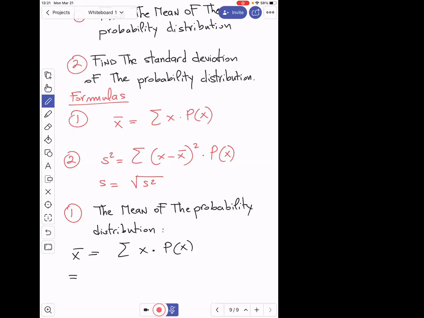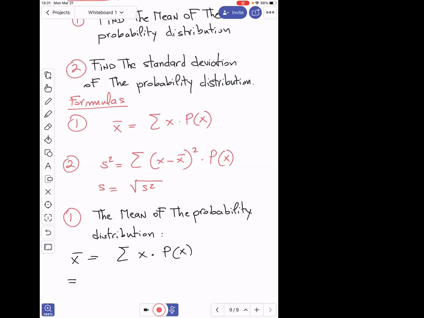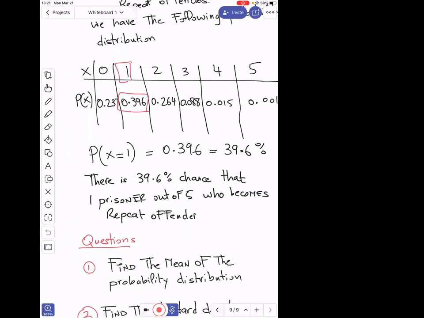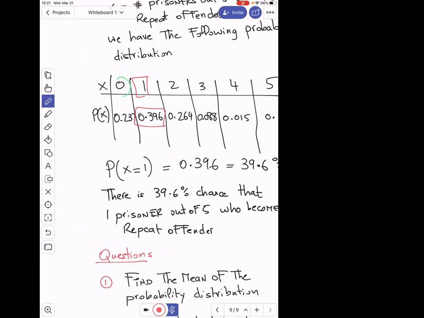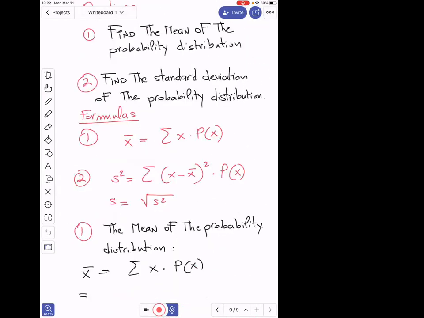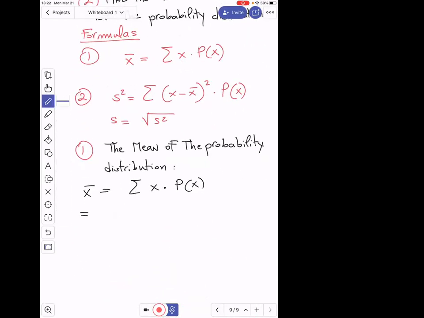The first x in the table is 0, so we multiply 0 by the corresponding probability of 0, which is 0.237.